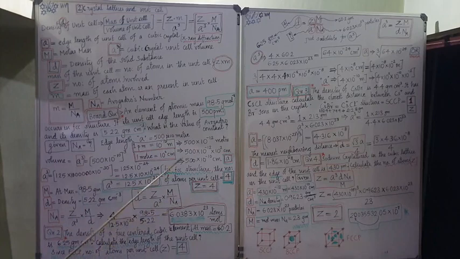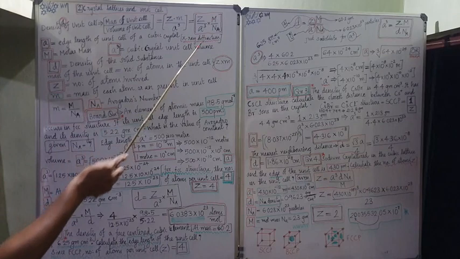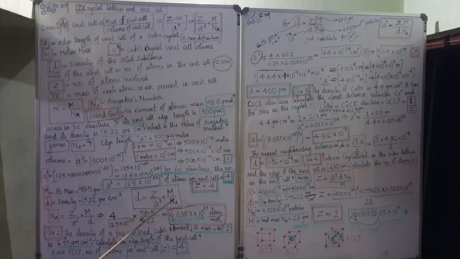What is to be found out? The formula is d equals Z by a cube into M by NA. We take NA to the other side of the equal sign, so it becomes d into NA.